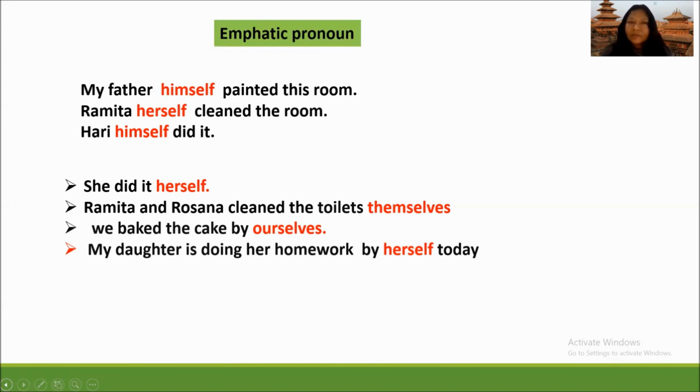So here, Ramita, not someone else, cleaned the room, but she did it herself. In this sentence, herself is used in end position, and it is a reflexive pronoun, and this means without help. Okay, themselves. Ramita and Roshna cleaned their toilets themselves means without taking anybody's help, they did. They cleaned their toilets. Okay, this is reflexive pronoun. So themselves means Ramita and Roshna here, right?